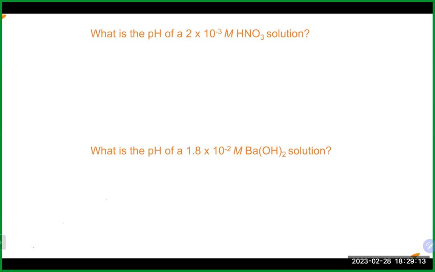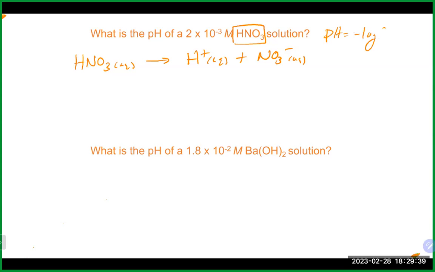Okay, let's take a look here, see how you're doing. First off, hopefully we can recognize this as a strong acid, which is nitric acid. That means that in solution it is going to 100% break apart into H plus and nitrate. Now, the pH is minus the log of the H plus concentration, so that would be the most important one to figure out.